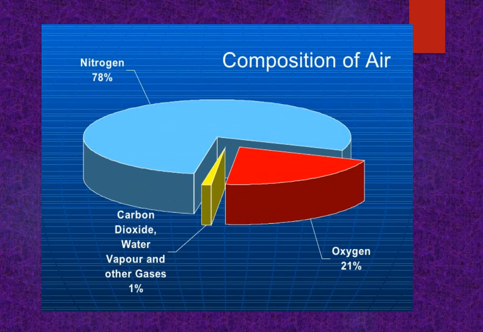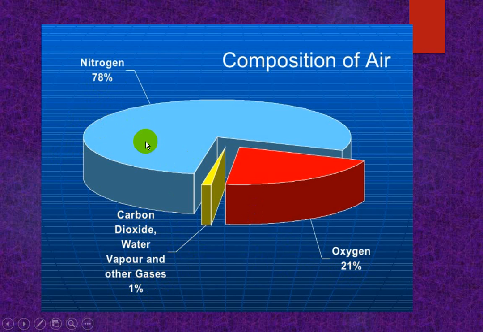This is the composition of air. Most of the air is nitrogen, 78%. Oxygen is 21%. Carbon dioxide, water vapor, and other gases make up 1%.